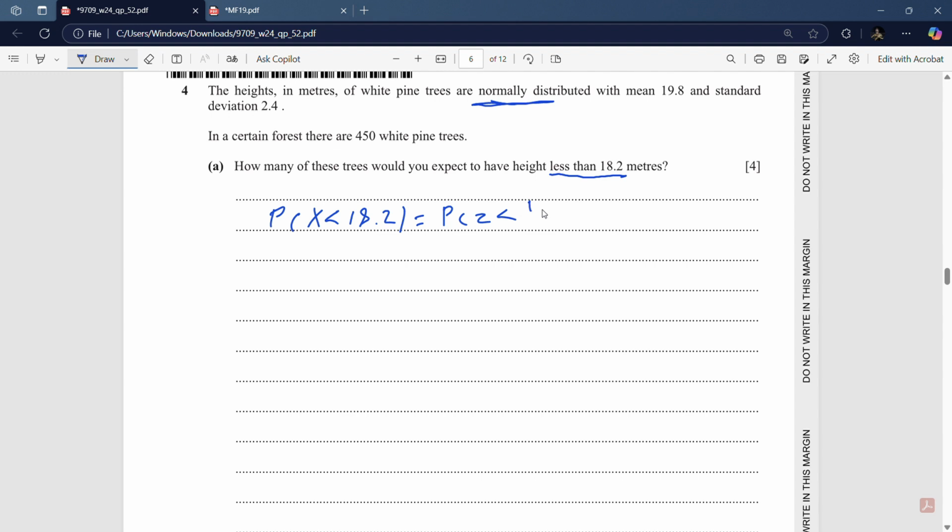So as you know, to find z we have to subtract from 18.2 our mean value, which is 19.8, over standard deviation, which is 2.4. So to find its probability, because it gives a negative number, we should subtract from 1 the value of 0.667.